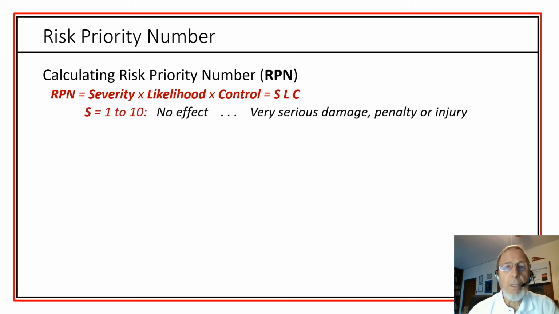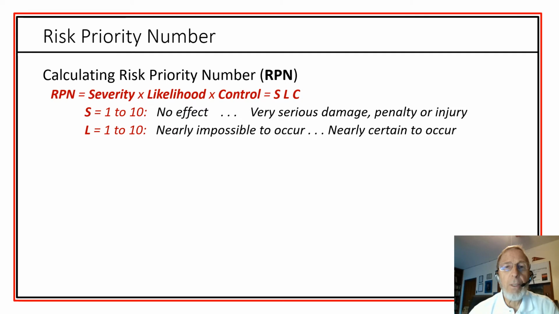The severity would be given a score from 1 to 10. 1 meaning that there's really no effect if this occurs, to 10, which is something very serious. Depending on the situation, it could be serious damage, it could be a penalty assessed to you, it could be a serious injury. So severity is scored between 1 and 10.